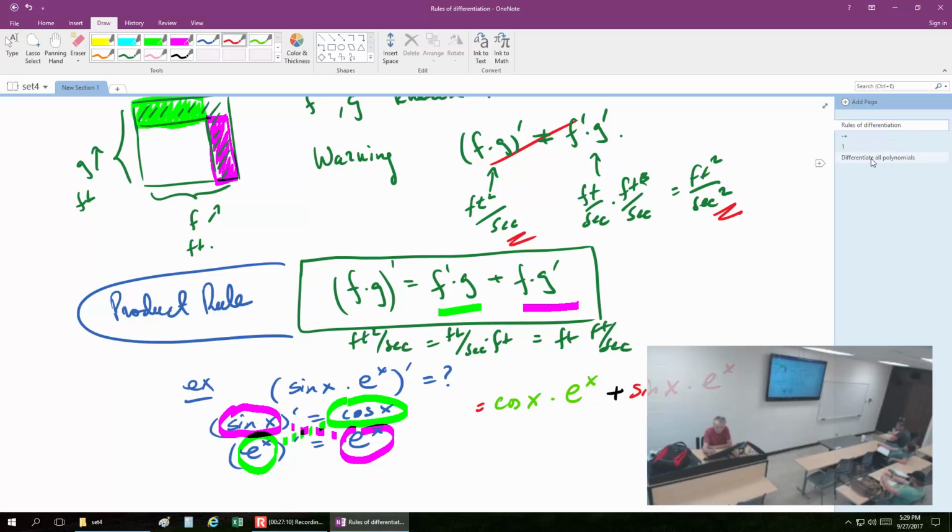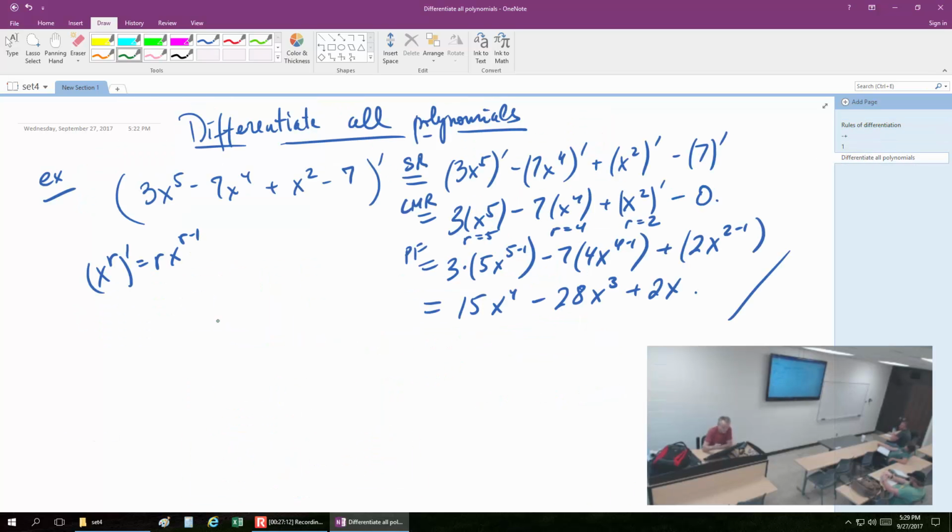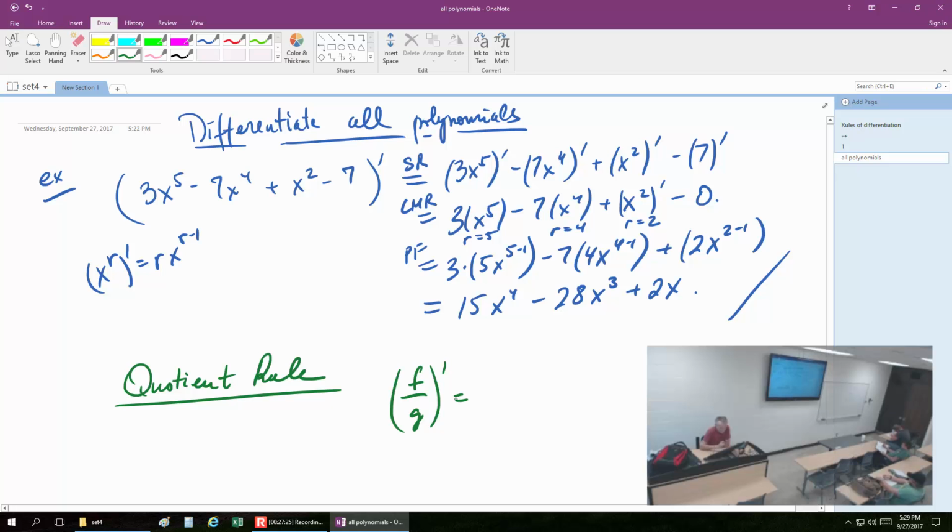So let me just write it out. Quotient rule. A quotient rule is similar to, it looks similar to the power rule. I'm sorry, the product rule, but it is a fraction.